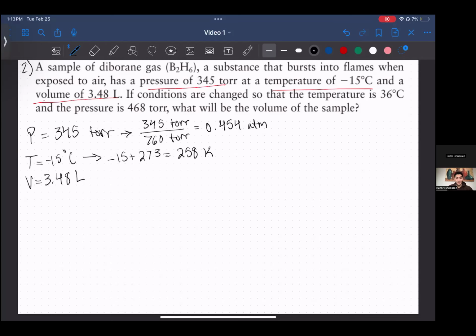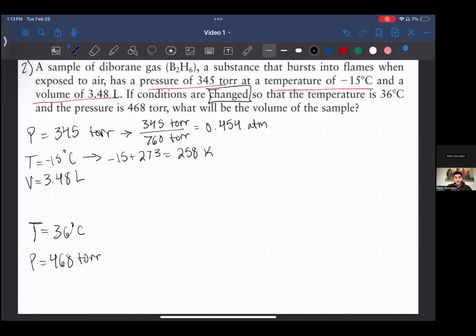The second half mentions a change. So we are changing something in this problem, meaning ideal gas law might not be what we use here. It probably will be a different one. It tells us that the temperature is, sorry, not negative, it's 36 degrees Celsius, and that the pressure is 468 torr.